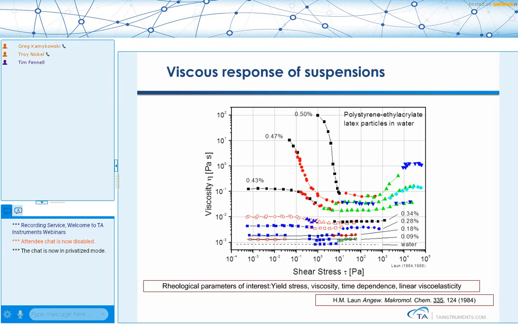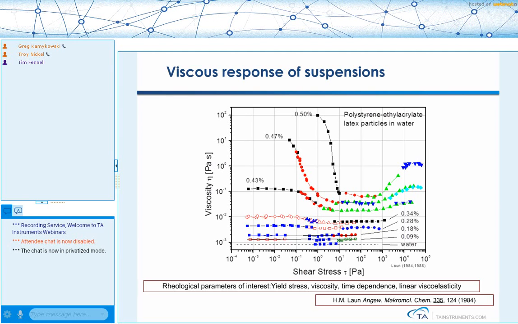We can also do these sweeps as stress sweeps, as we're showing here. And in this case, you can see that there is a drastic difference in properties when we go from 0.34% to 0.43%, to the point where it indicates that at 0.43%, we now have some definite structure being formed, and we get to the point where it looks as if we are getting some mild yielding behavior of our material.